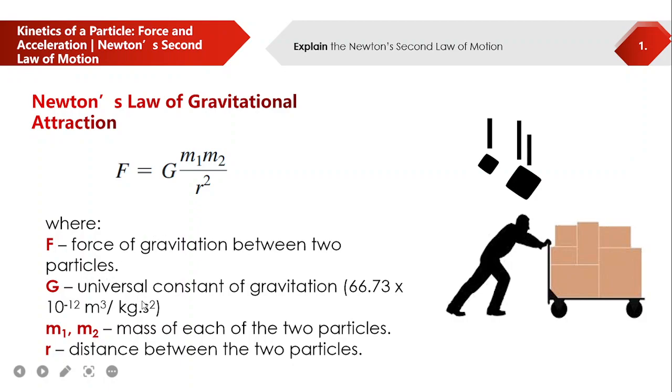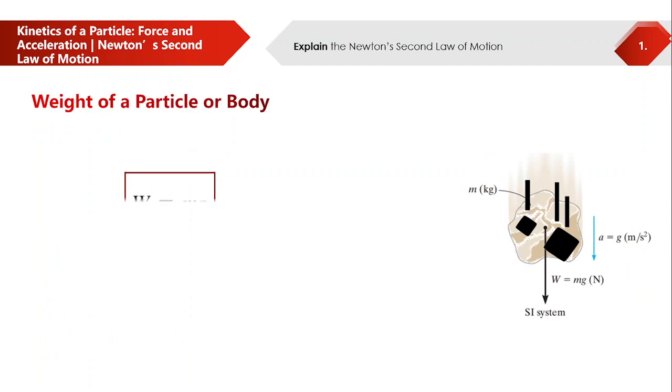G, your capital G, is the universal constant of gravitation, which is equal to 66.73 times 10 to the negative 12 cubic meter per kilogram second squared. M sub 1 and M sub 2 are the masses of each of the two particles. R is the distance between the two particles.